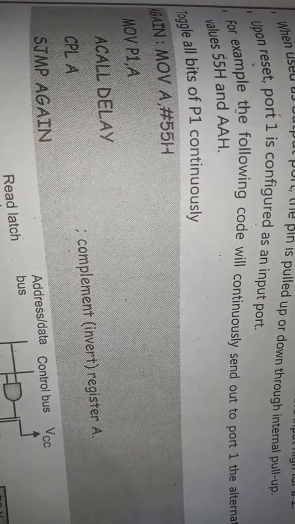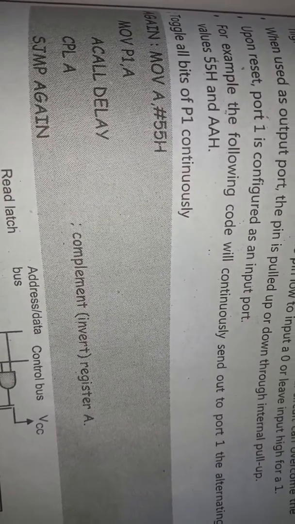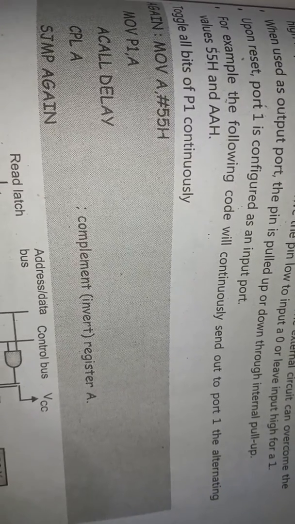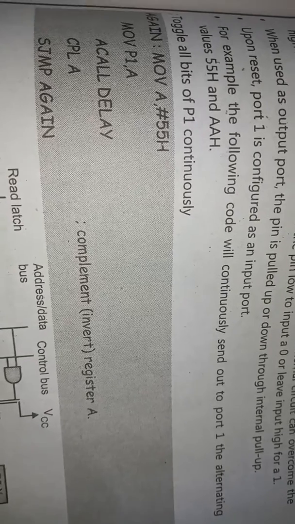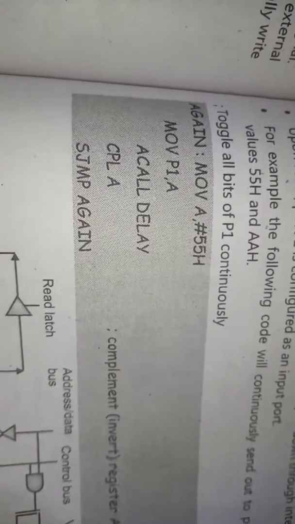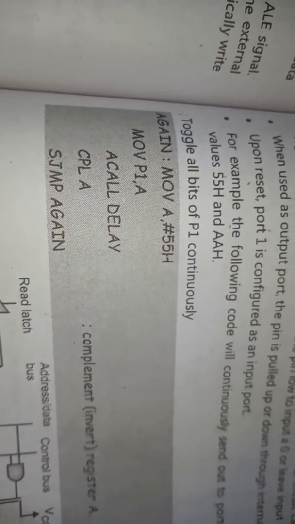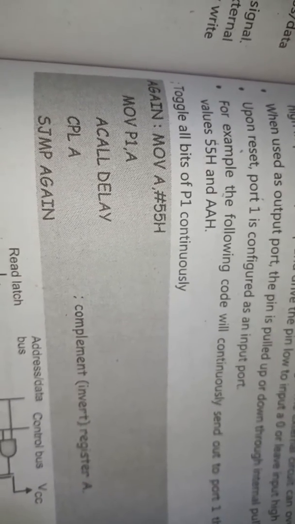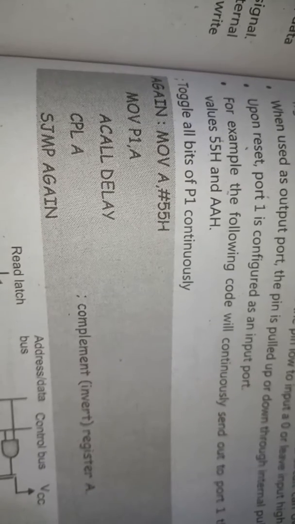Now the second example is to send out to port 1 the alternating values 55H and 0AAH. In this port 1 example, as we know, #55H is immediate data, so we have the instruction MOV A, #55H.